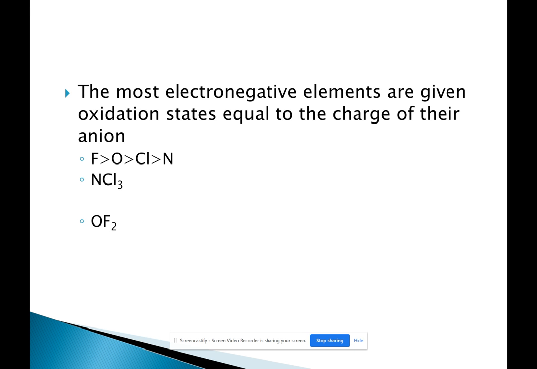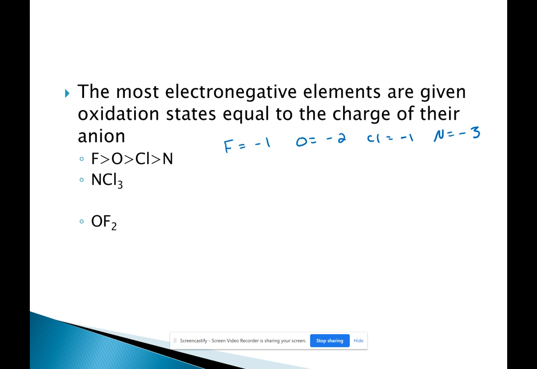So the fluoride charge is -1, oxygen is -2, chlorine is -1, and nitrogen is -3, just from the periodic table, right? But you have to go and assign the most electronegative element its oxidation number first, and then figure out what's left over to figure out the other one.